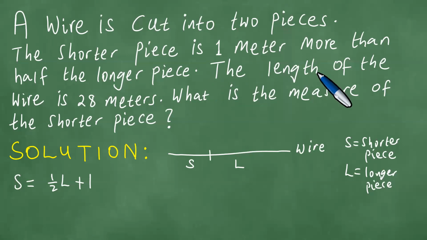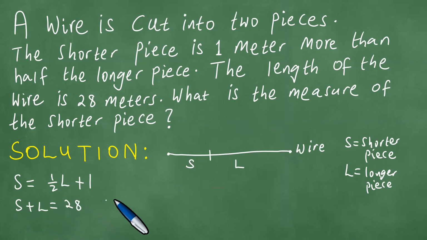Right, the length of the wire is 28 meters, and obviously we are looking at the wire beginning from here and ending there. Which means the shorter piece plus the longer piece equals 28 meters.